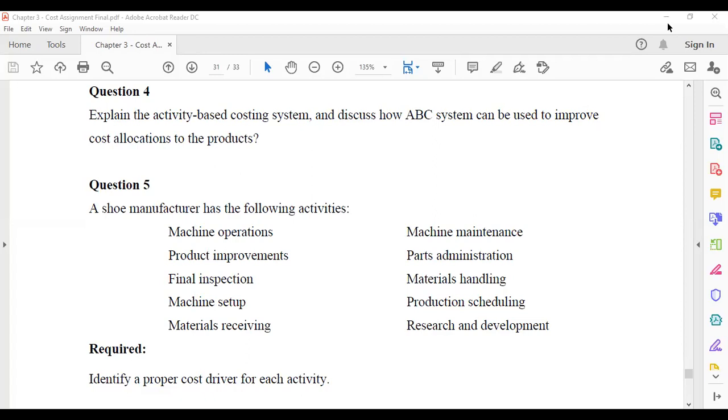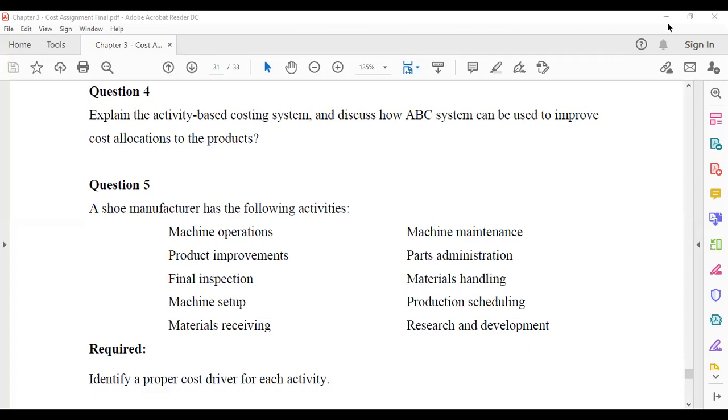What is driven by cost in traditional costing? The cost is driven by the product. That was the fundamental belief in traditional costing. The cost is driven by the final product.